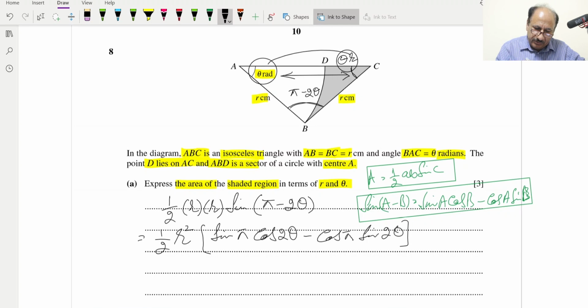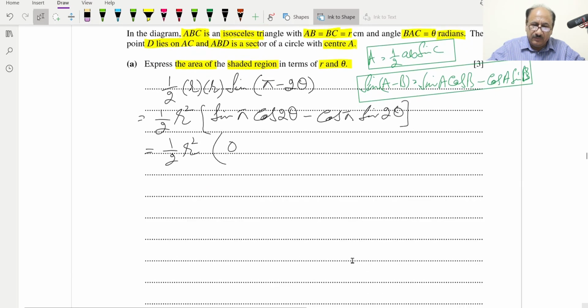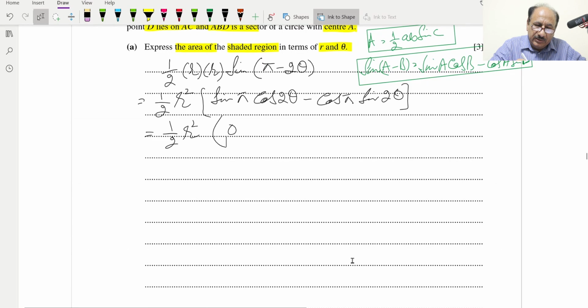We have applied this formula. Now this portion we know sine pi is 0, so this value will be 0. So next step we will write 1 over 2 r square, and first will be 0, and the second will be minus, cos pi is minus 1, so minus 1 sine of 2 theta.